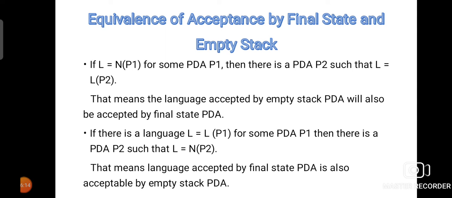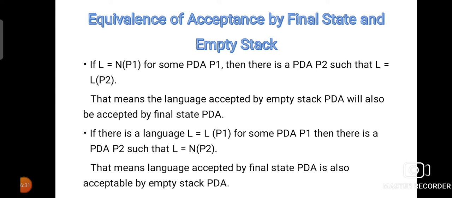And the same case is possible the other way: if L is the language, that is, L of P1 is the language for some PDA P1, then there is a PDA P2 such that L equals N of P2.